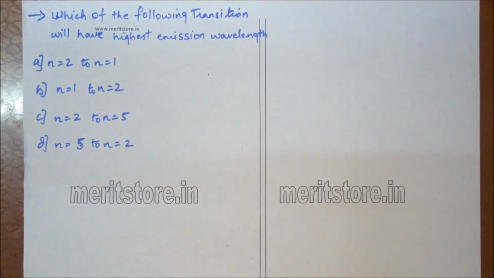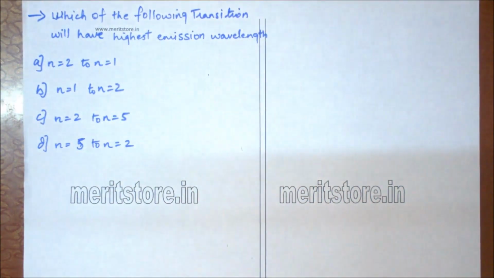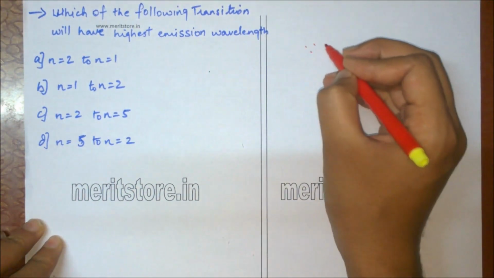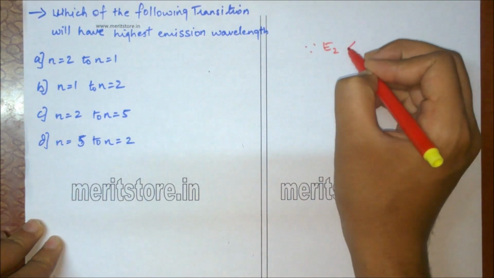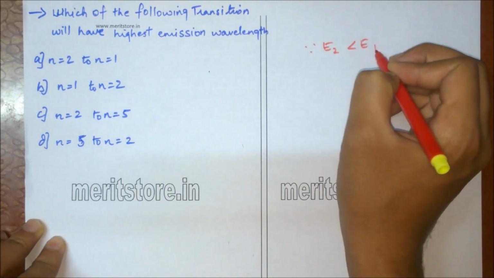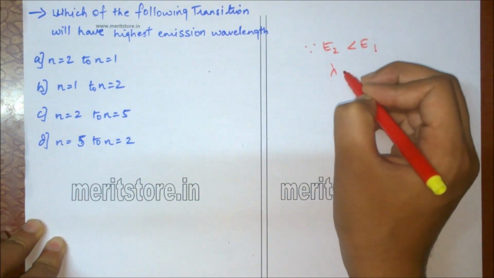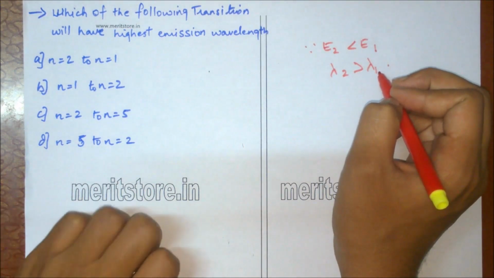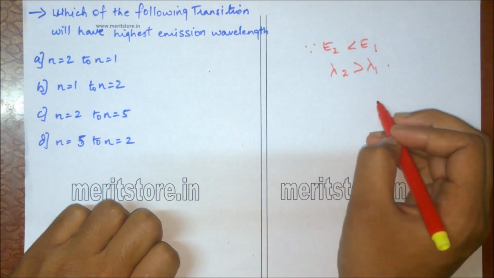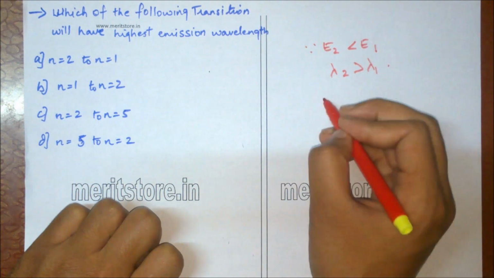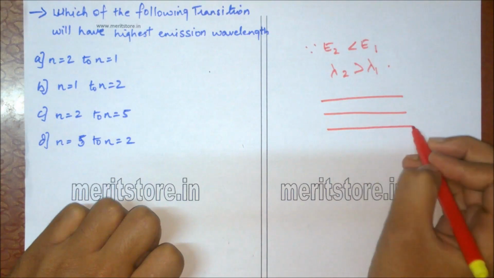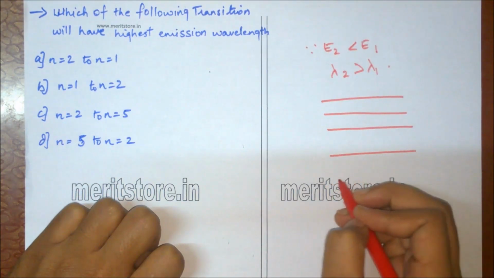Which of the following transition will have highest emission wavelength? For highest emission wavelength, we know that since energy 2 is less than energy 1, lambda 2 is greater than lambda 1. Let there be 5 levels of energy: N5, N4, N3, N2 and N1.